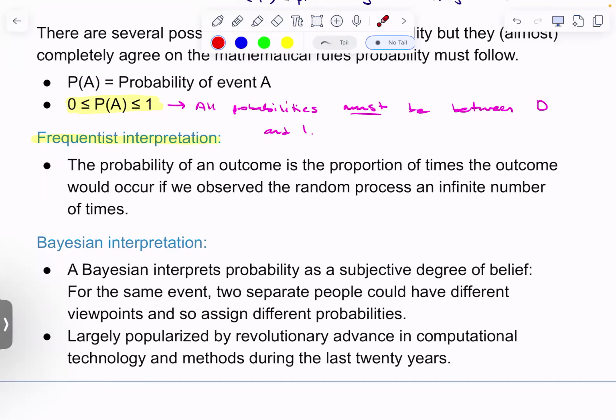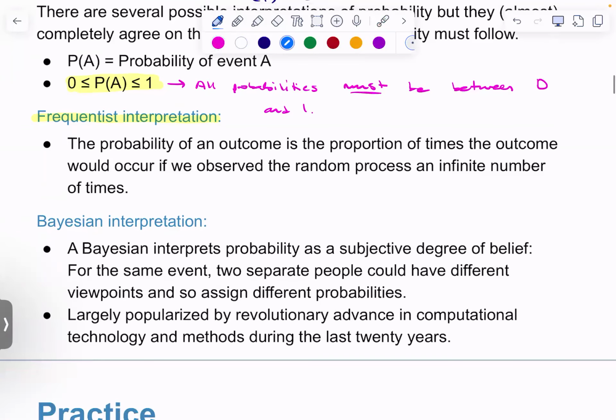Effectively, what this becomes is you look at how many possible outcomes you have, and most of the time we take 1 and divide by the number of possible outcomes.